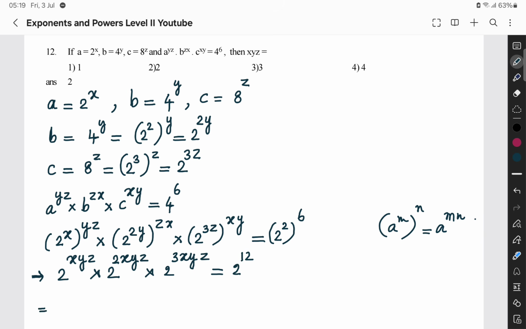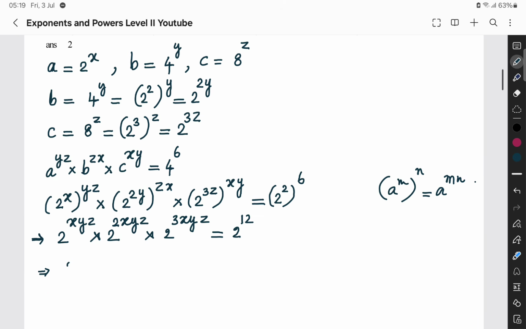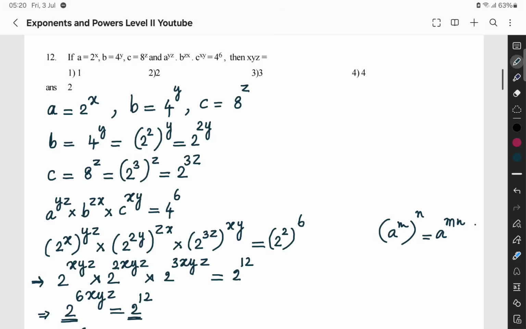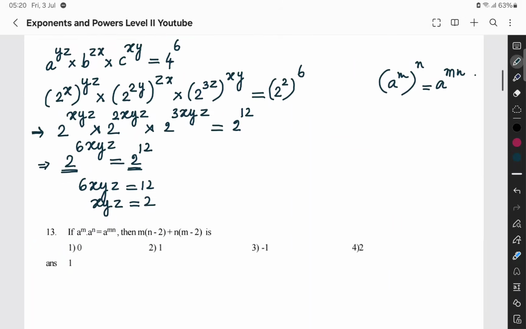That means 2 to the power of 6xyz will be equal to 2 to the power of 12. So, as the bases are equal, I can write 6xyz equal to 12 and xyz will be equal to 2. So what's the right answer? Second one. Now let us take next question.